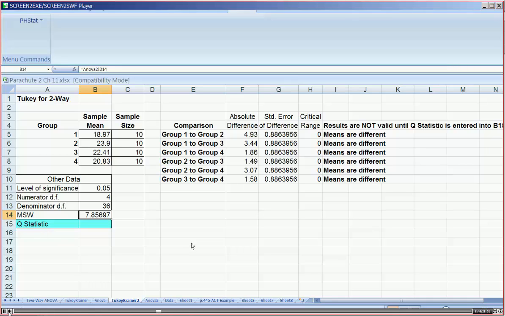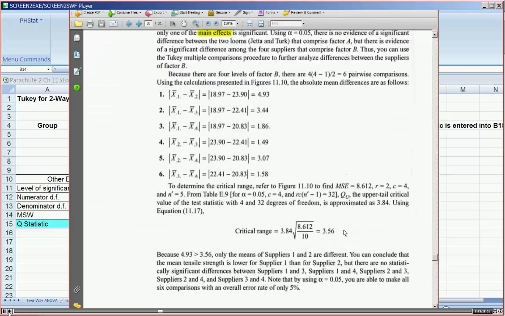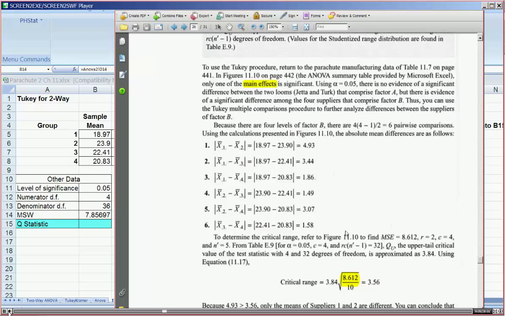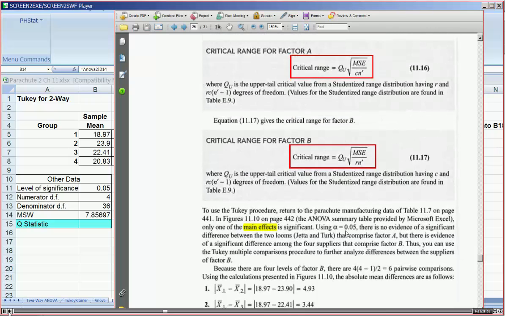Also, the number of mean squares within, that's the error part, does not correspond to what the authors put here in the book. Because, again, we have, let's see, 7.86 and they have 8.612, because this was calculated for the two-way analysis with the degrees of freedom that were necessary for the two-way analysis.